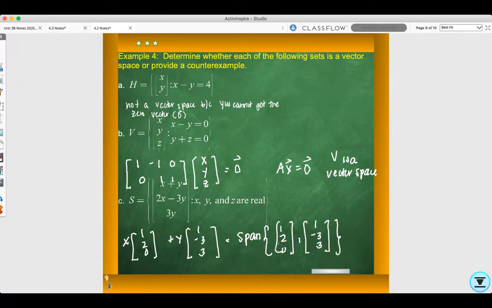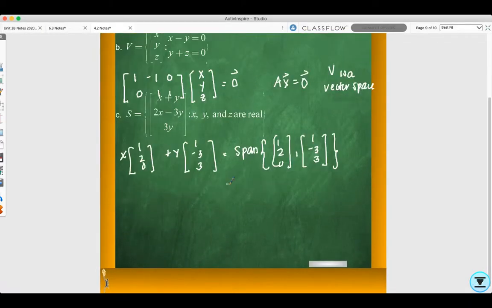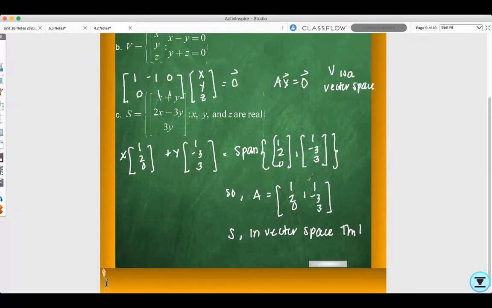Since this is column A, therefore S is a vector space by theorem 1. So you can say S is a vector space, and that's by theorem 1.